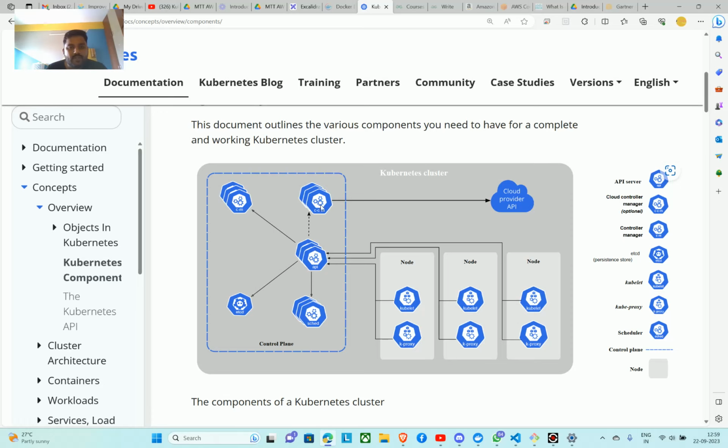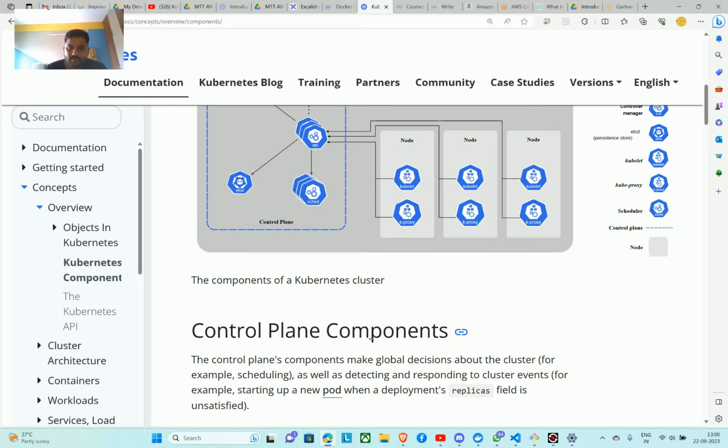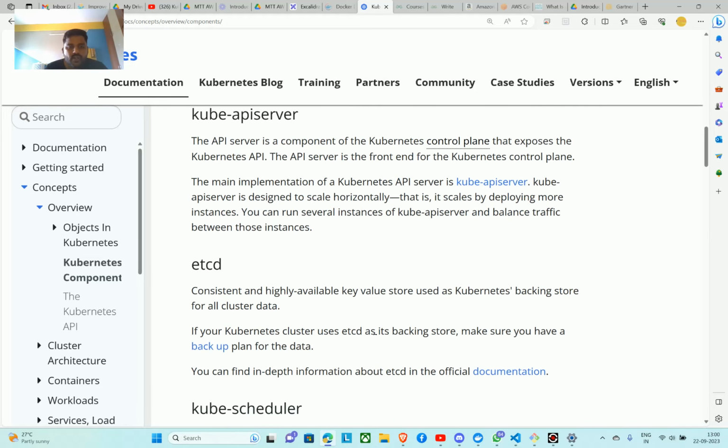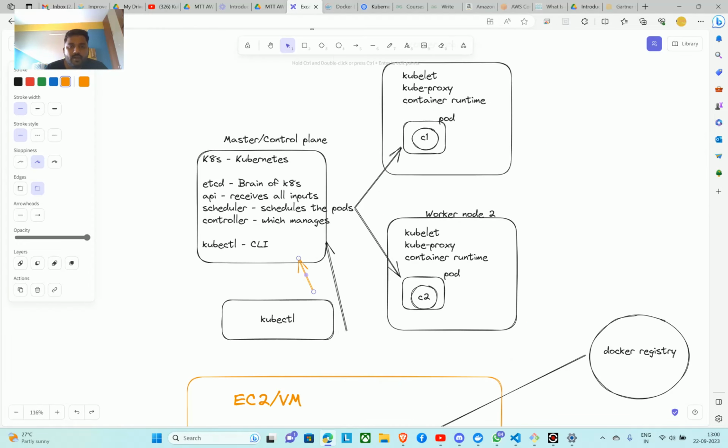The waiter will do the job, talk to all the folks and get the job done for you. In a similar fashion, the API server is the main guy here who receives all the information from your nodes and from kubectl. So these are all the components, and this is a high level overview of the Kubernetes cluster.